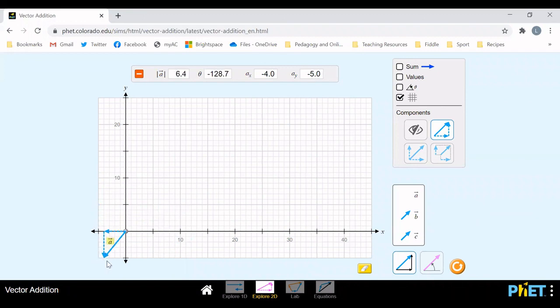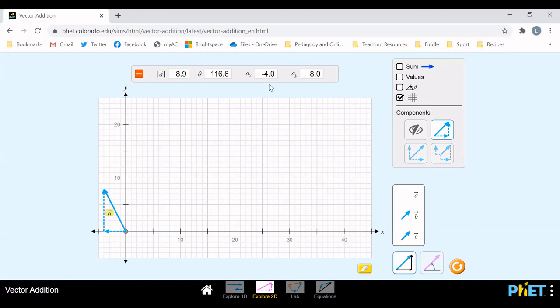In both of these situations, a calculator will only be able to give you the reference angle, the angle down from the negative x-axis for a quadrant 3 angle, or up from the negative x-axis for a quadrant 2 angle.